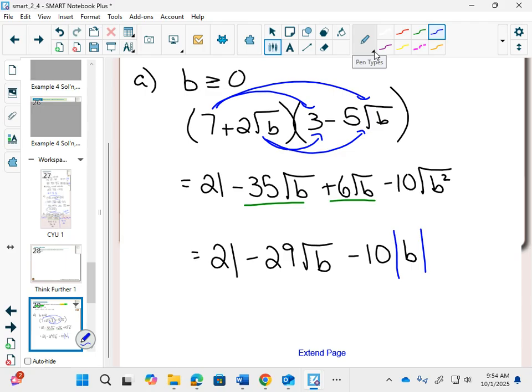No. Not in this case, because it's already defined to be positive. So I can take those away. They're not necessary in this case. Having them there when they're not needed is not simplified. Right? Simplified means, well, you don't need them there.